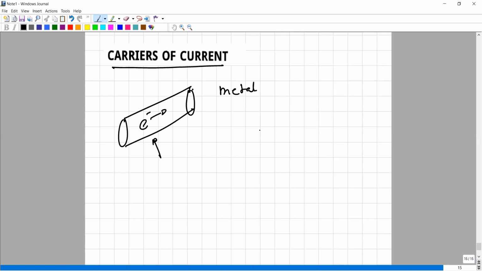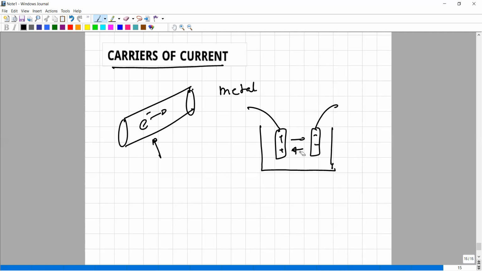But when you do electrolysis, you have done electrolysis in chemistry. So in the electrolysis, what happens? There is a cation and anion, positive and negative charges, and they both move towards the respective electrodes.